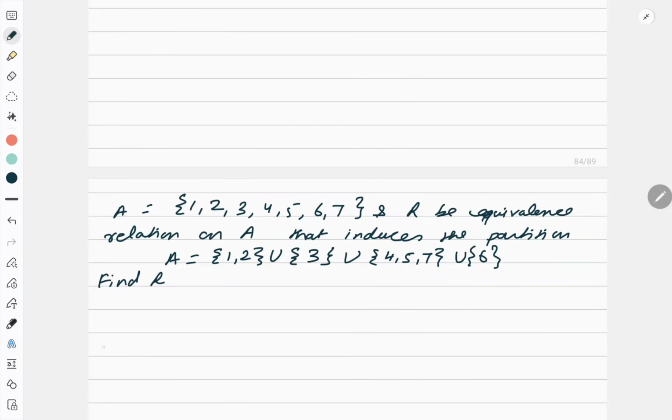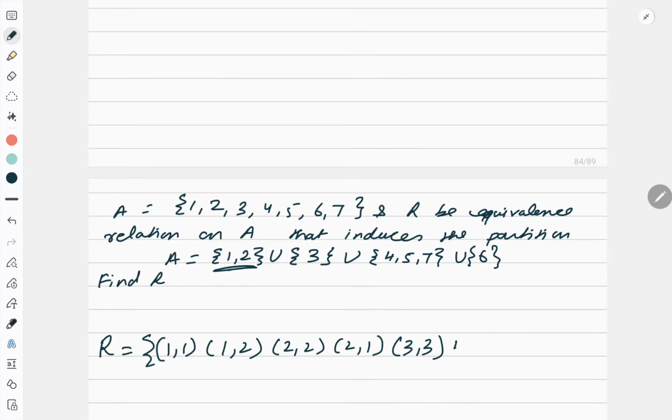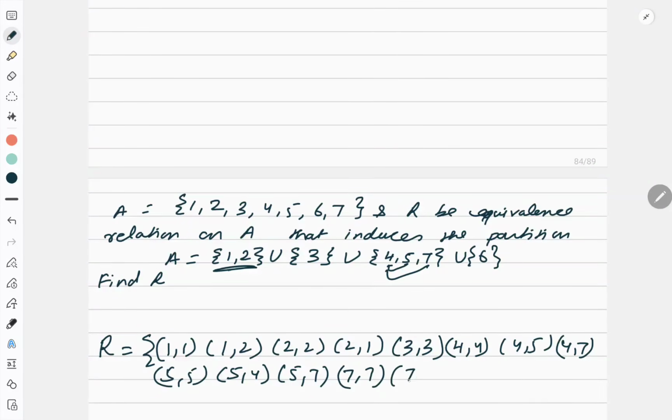You have to write down R. Since I have explained it to you, I will directly write down R. From this what will come? (1,1), (1,2), (2,2), (2,1), then (3,3), then (4,4), (4,5), (4,7), then (5,5), (5,4), (5,7), (7,7), (7,4), (7,5), and then (6,6). So this is the answer. This is the relation. Correct?